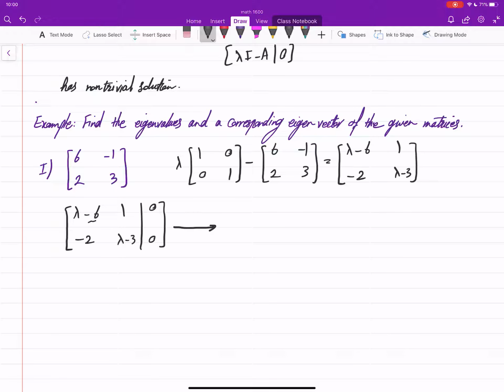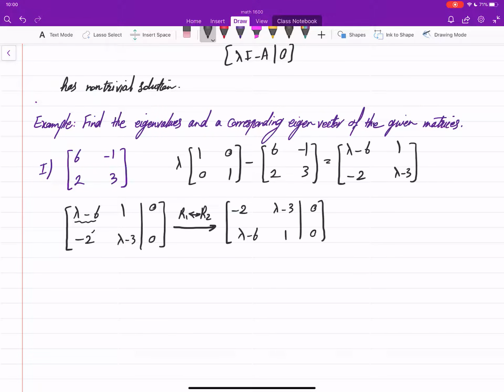Here you see I don't like to do anything with an entry which has an unknown in it, because I don't know if this is going to be 0 or not. So let's just switch row 1 and row 2 to be able to generate first a non-zero leading entry here.